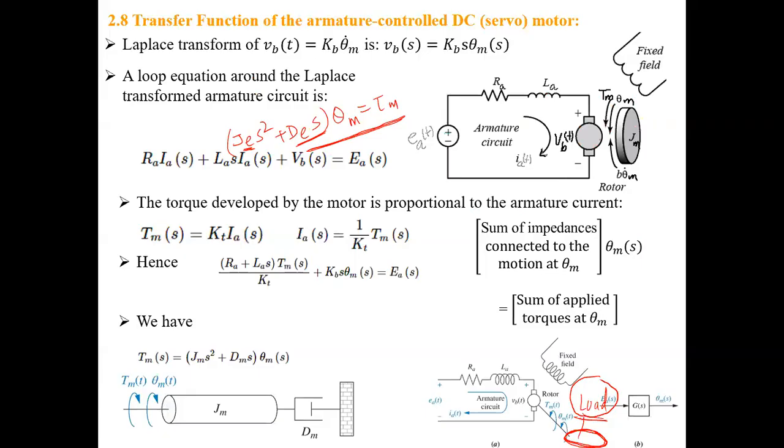JE is not a problem, because if there is mass, there is inertia. You cannot have a system without mass. So JE is always there. JE s squared, not a problem. We don't have a spring, so K is 0, that's not a problem.